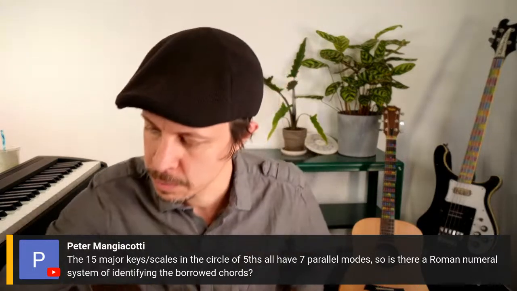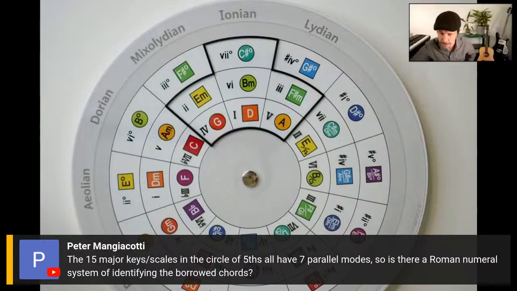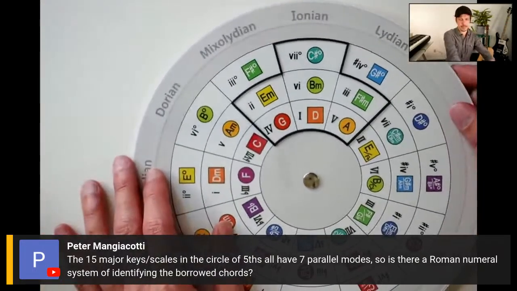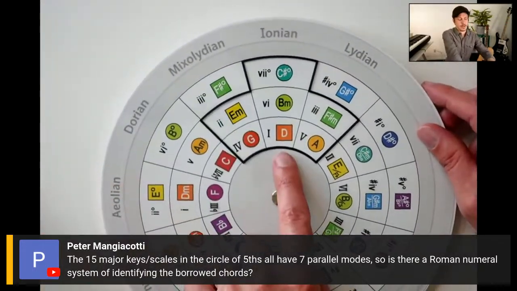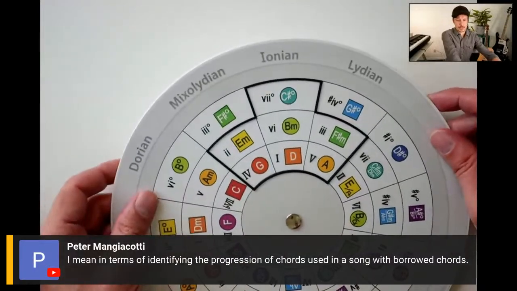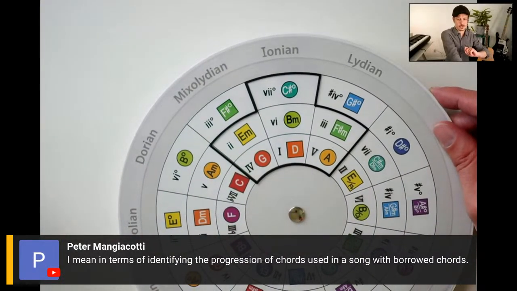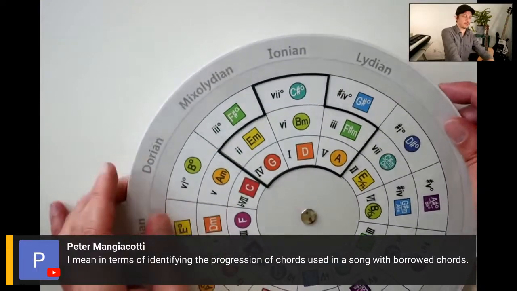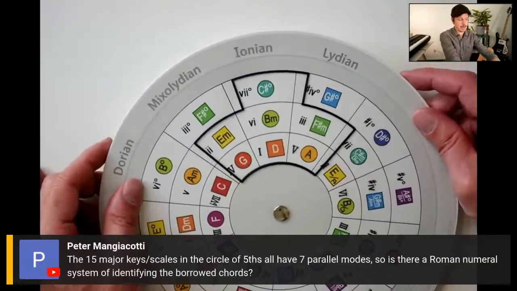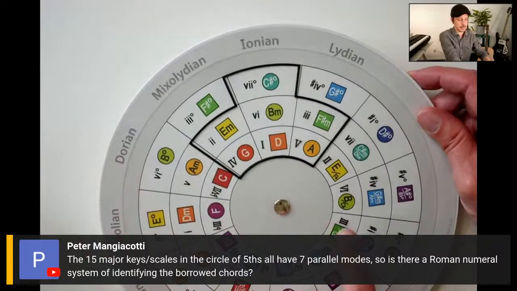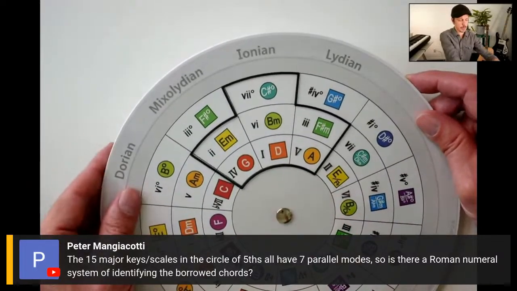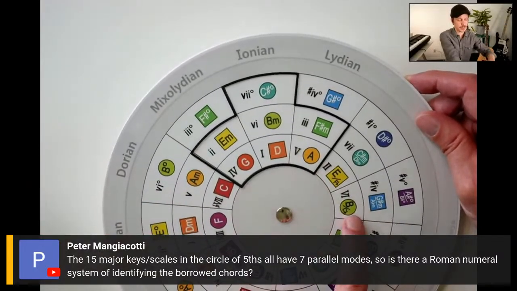Yeah, so that's a good question. Here we have, in the key of D, for example, Ionian. So just to clarify, this is about identifying the progressions of chords used in the song with borrowed chords. Yeah, so here in the chord map, let's say we have the 2 chord or the 6 chord, okay?